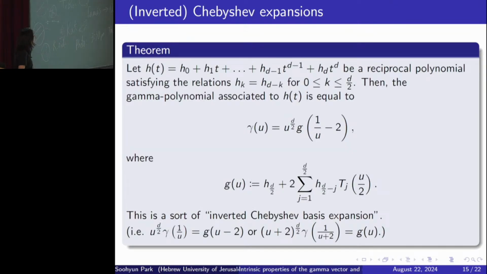It turns out that if you look at this explicitly, the gamma polynomial is a sort of inverse Chebyshev expansion. What I mean by this is that if you take the reciprocal polynomial, just flipping the coefficients, it's literally this expansion where you list the coefficients backwards and then put the corresponding Chebyshev polynomial.